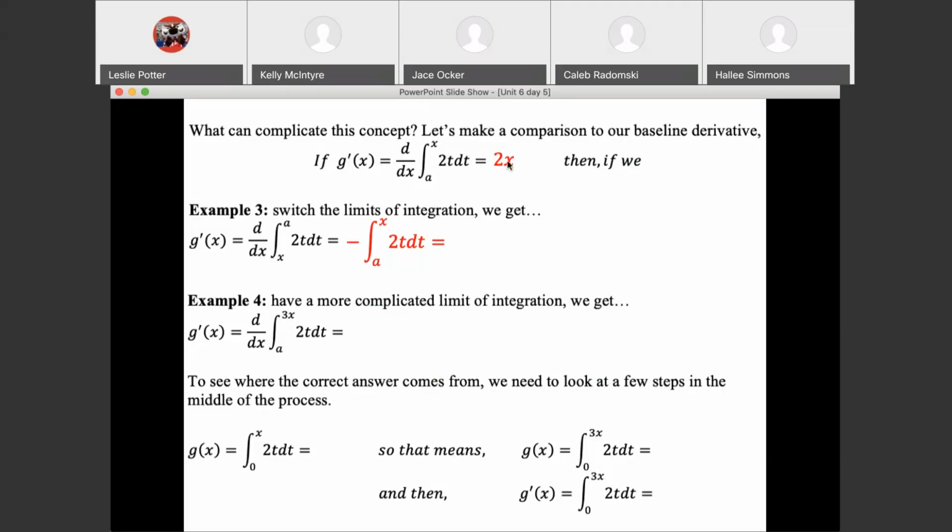If we go back to my comment about this being f of x delta x, if we think about the delta x, if we go from a to x, then our delta x is positive. If we go from x to a, our delta x is negative. So we end up being a negative value. So that ends up being negative 2x.